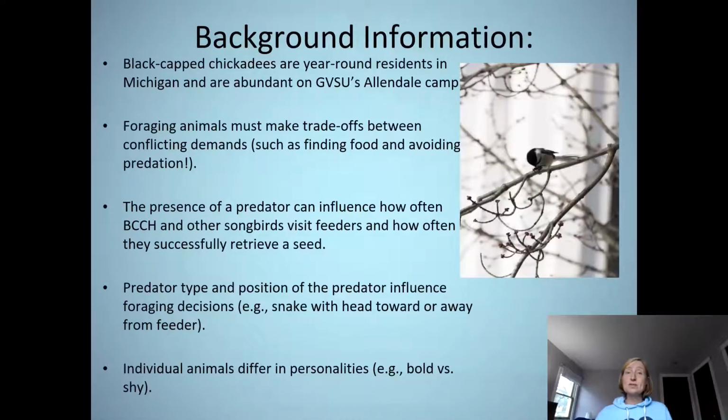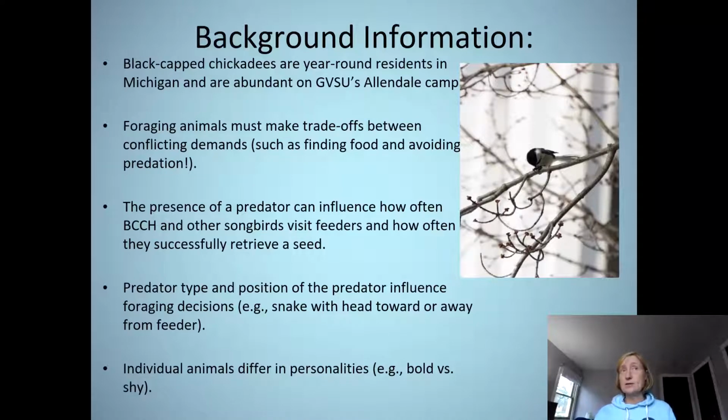Here's some background information. Black-capped chickadees are cute little songbirds that are year-round residents in this area of Michigan. As any foraging animal, they have to make important decisions. They have to get enough food but avoid being preyed upon. So the presence of a predator can have a dramatic impact on their foraging behavior.